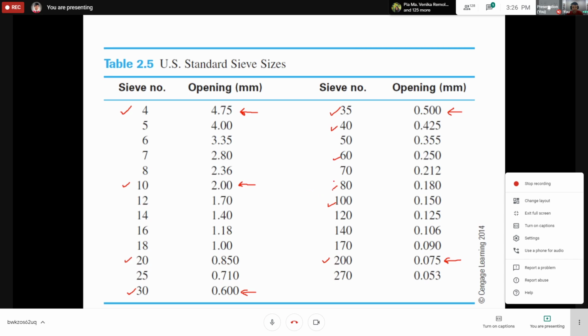These are used in the laboratory, but again, the ones marked with arrows here are the important ones in classifying your soil specimen: 2, then 0.6, then 0.5, then 0.075. So again, this is for coarse materials, so the particle size classification only goes as far as sand, not yet the fines, the silt and the clay.